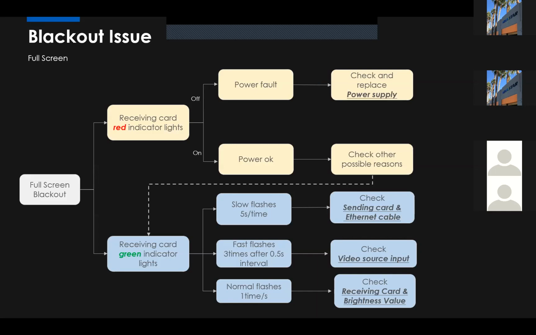Here, please pay attention. This is not the only idea, but it can provide a suggestion reference to you. Please form a habit of observing the indicator light of the receiving card to find the problem.